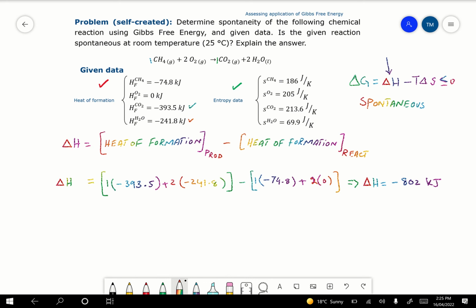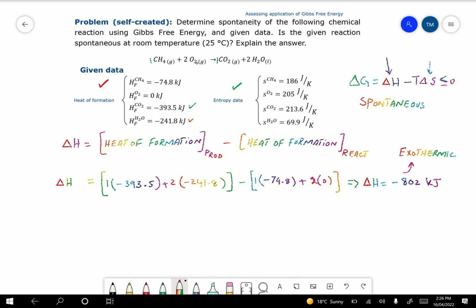That means this reaction is an exothermic reaction, because it's oxidation reaction, and normally oxidation reactions are exothermic reactions. So we have calculated change in enthalpy, which is delta H.